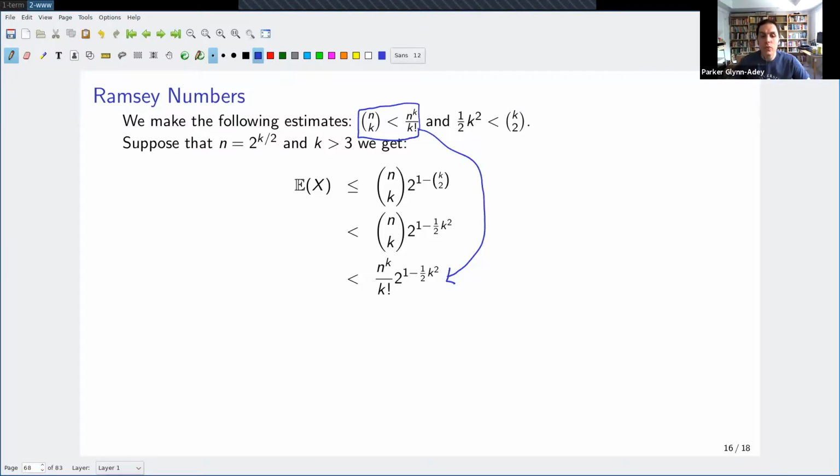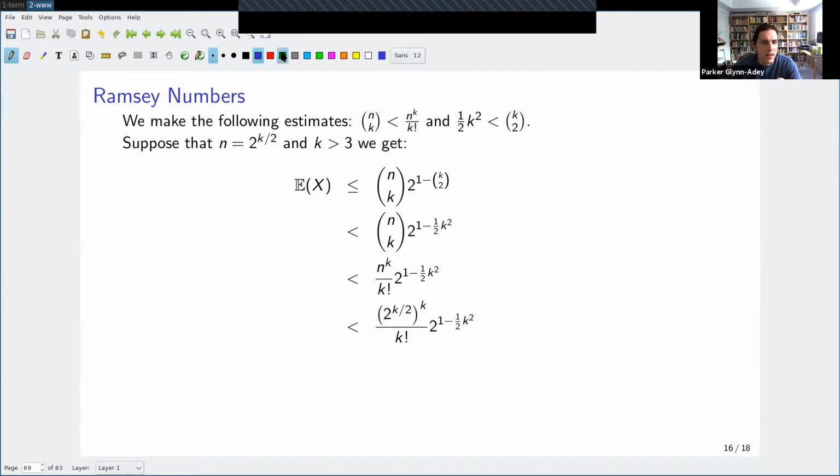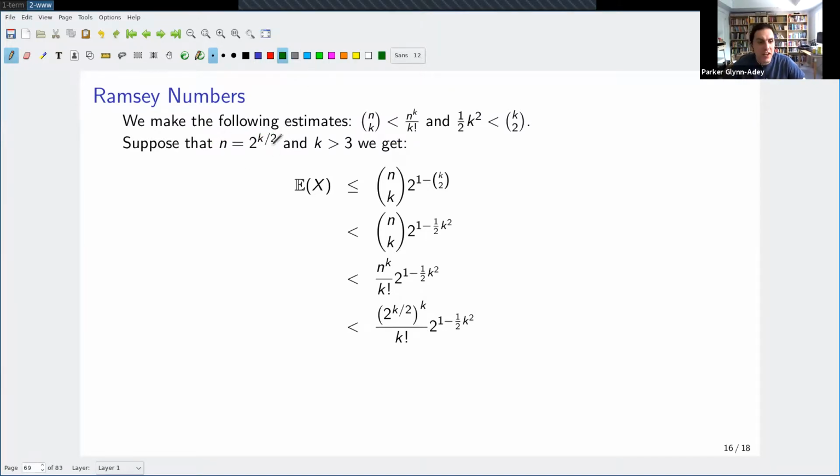Okay. So we're using these big estimates that throw away a lot of information to simplify this to something nicer. Now we're going to take our actual value for n, plug that in here, and notice now everything is in terms of k's. What we're going to do is figure out what properties of k make this less than 1.